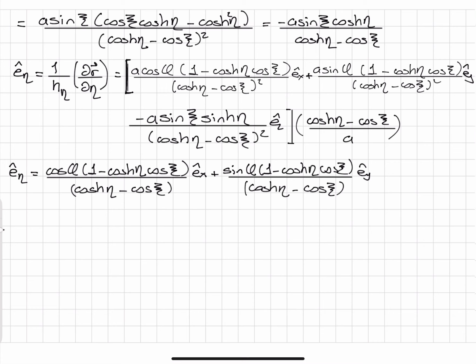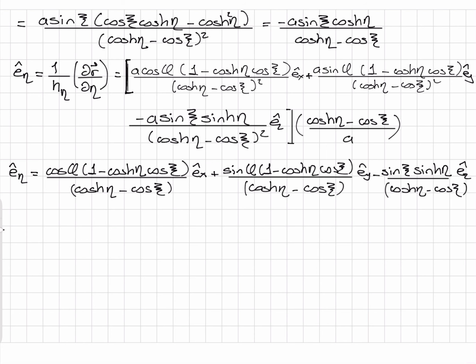And for the last term, we have minus, this cancels and one of these cancel, sine psi, sine hyperbolic eta, this is going to be in EZ hat direction, divided by cosine hyperbolic eta minus cosine psi.